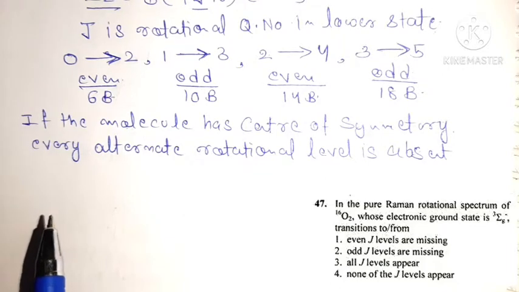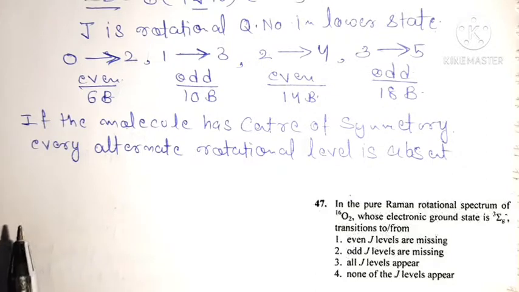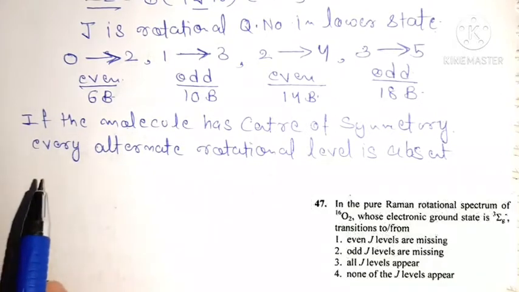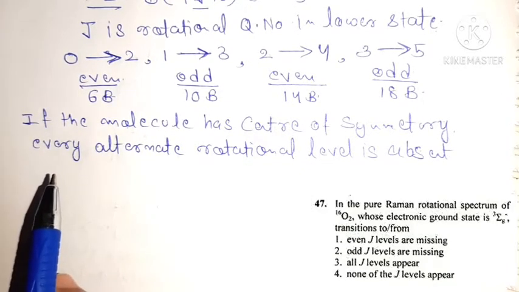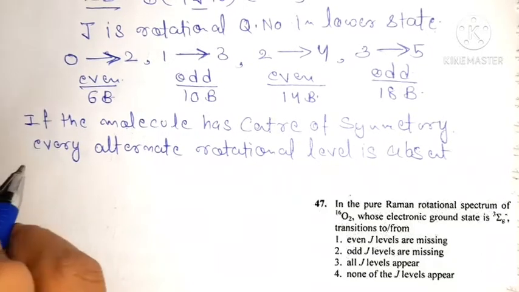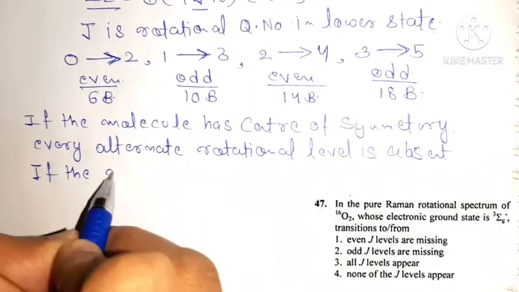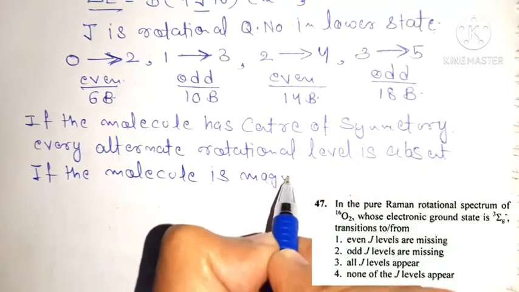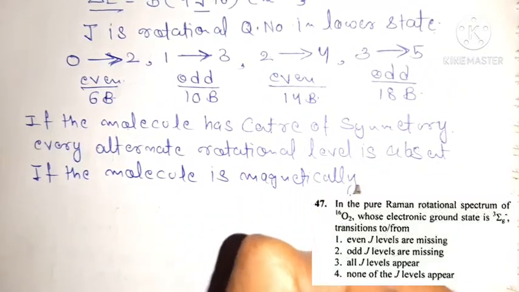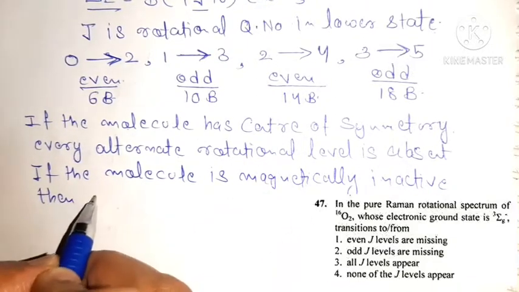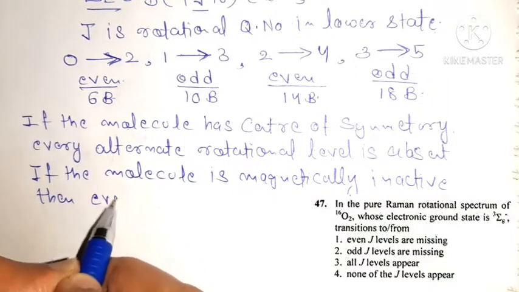So now we conclude. First of all, the molecule has a center of symmetry, and the next rule says if the molecule is magnetically inactive, then even J values are missing.